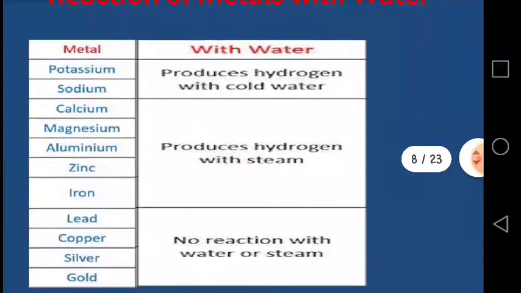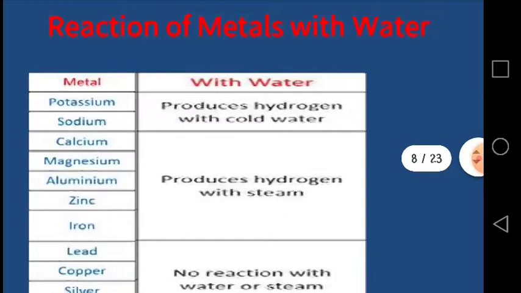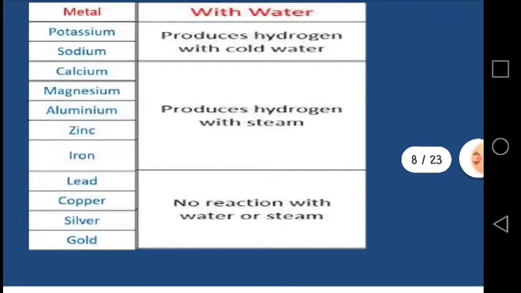Now we consider the reaction of the metals with water. Dear students, potassium reacts very vigorously with cold water to form potassium hydroxide and hydrogen gas. Enough heat is produced to cause the hydrogen gas to catch fire and explode.